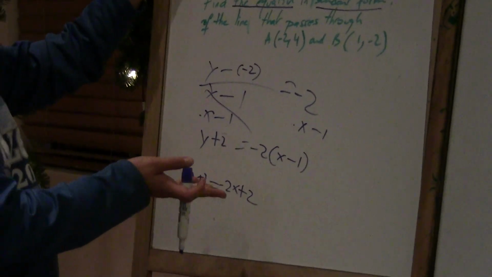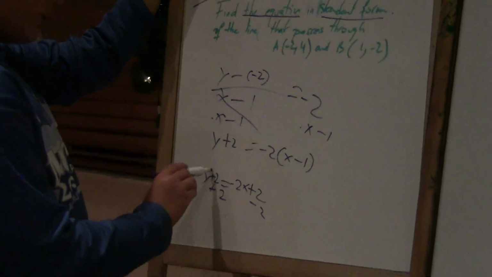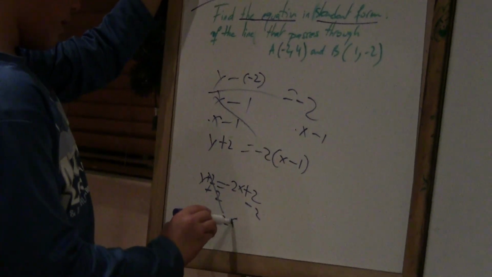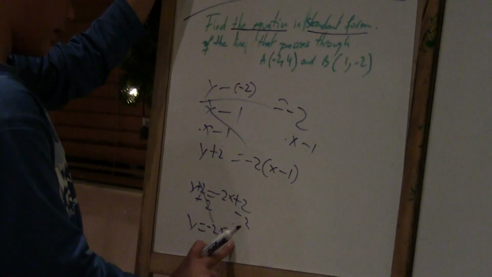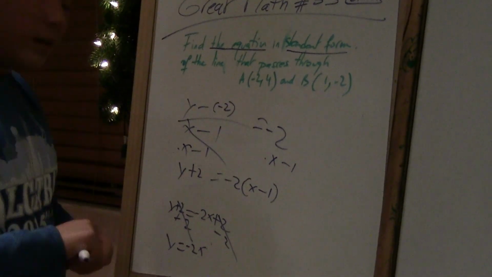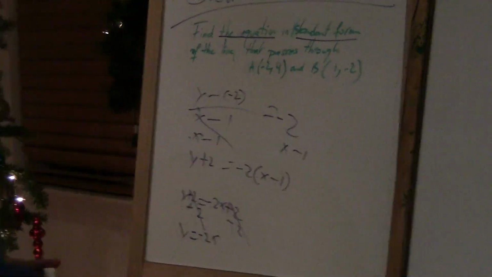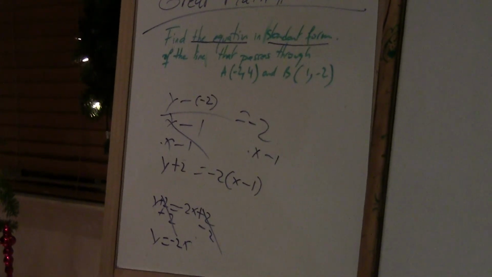And then after that you get rid of the 2 on this side, it cancels out. Y equals negative 2x, because these two also cancel out. So see, pretty simple.